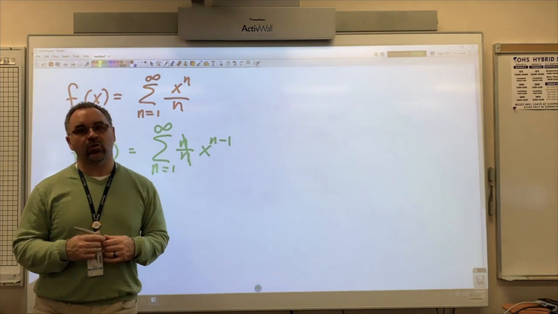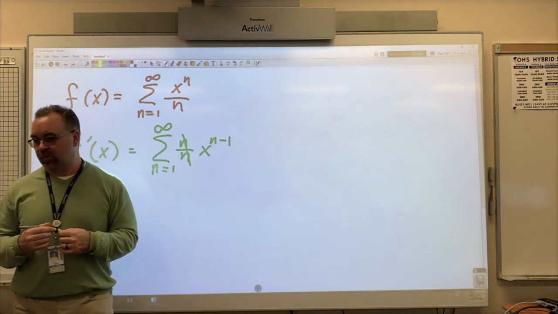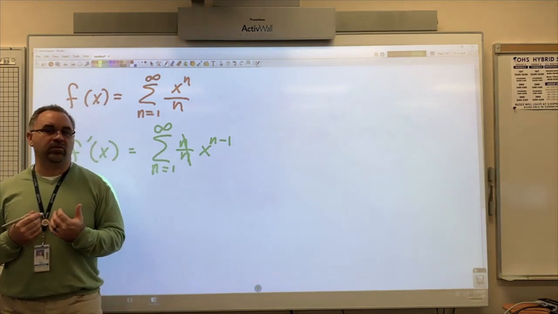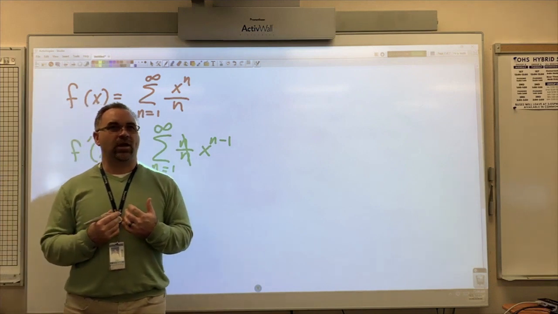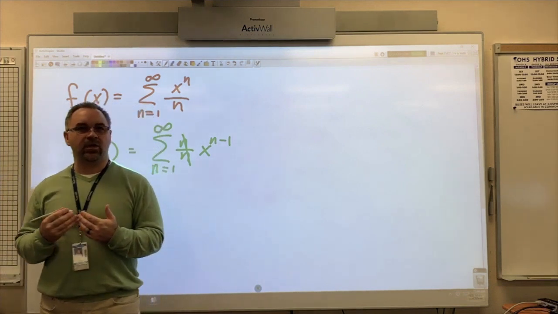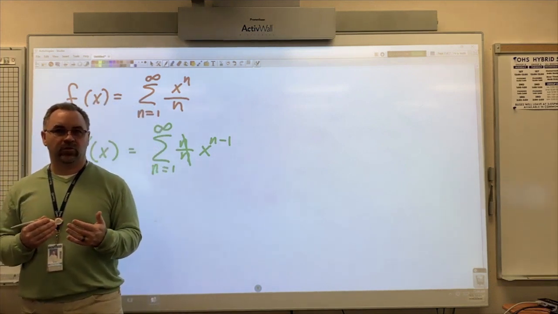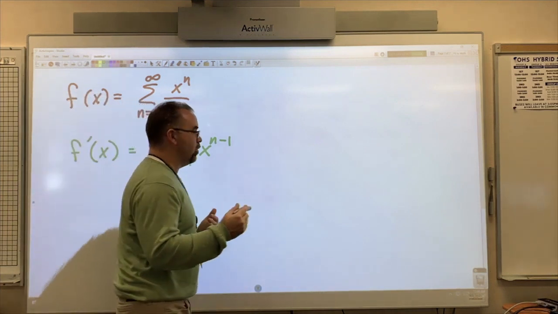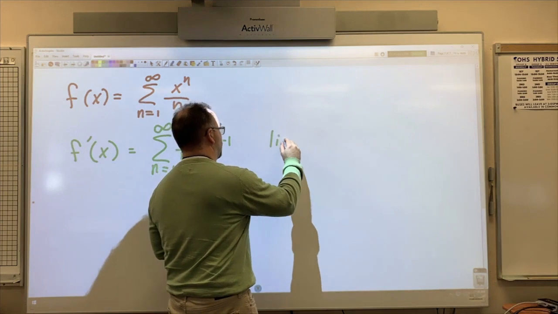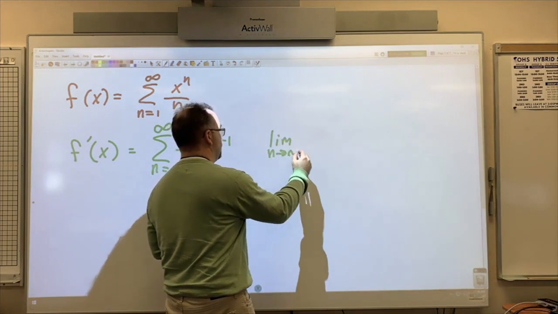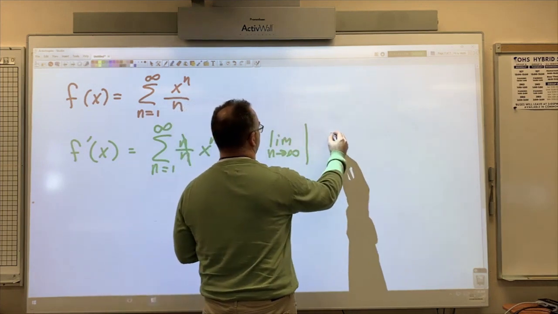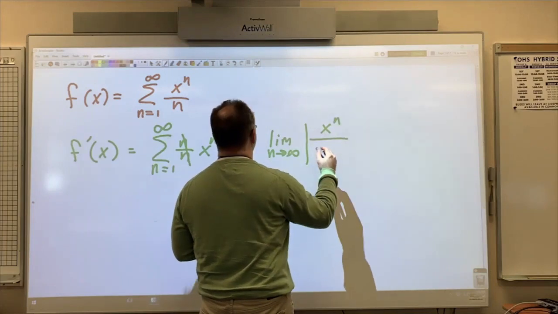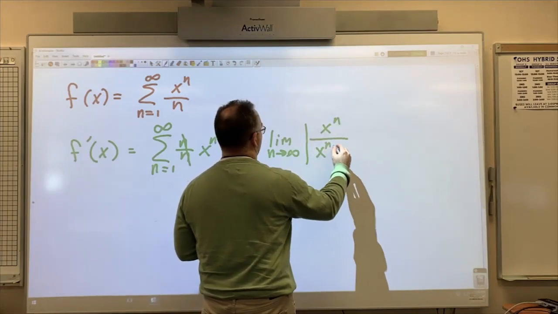And so when we start considering the radius of convergence and the interval of convergence for this, notice that again, if I were to do a quick ratio test for it as n goes to infinity, this is x to the n over x to the n minus 1.